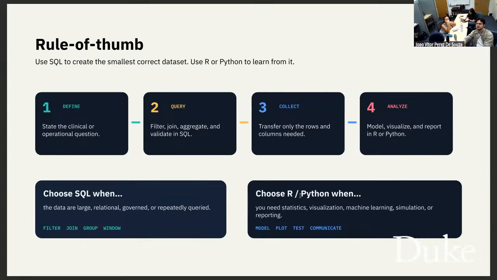And then choose R or Python where you focus on statistics, visualization, machine learning, you want to build a report, or it's a manageable size. When you think about a data set that is bigger than 1 million rows, 10 million rows, you might start already thinking about using SQL to make this process a bit faster for you in the end.